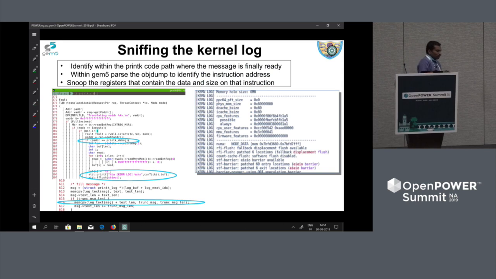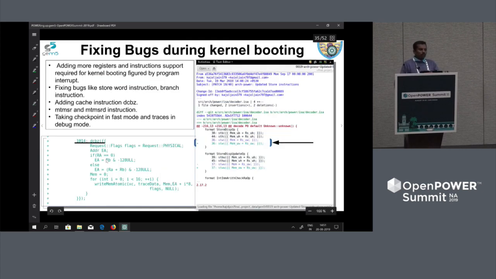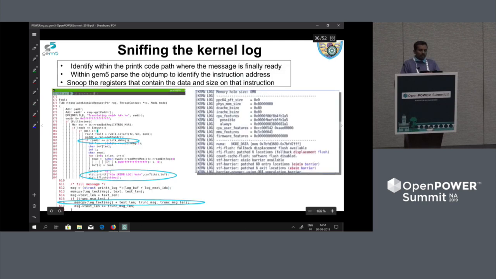Once we had crossed that point, we came to a point where we had to get the kernel log sniffing. Currently, at this point, we are only able to look at gem5's output. We are not sniffing into the kernel's log.